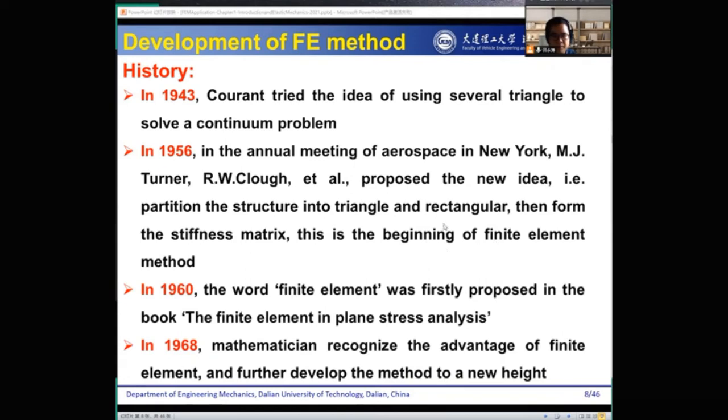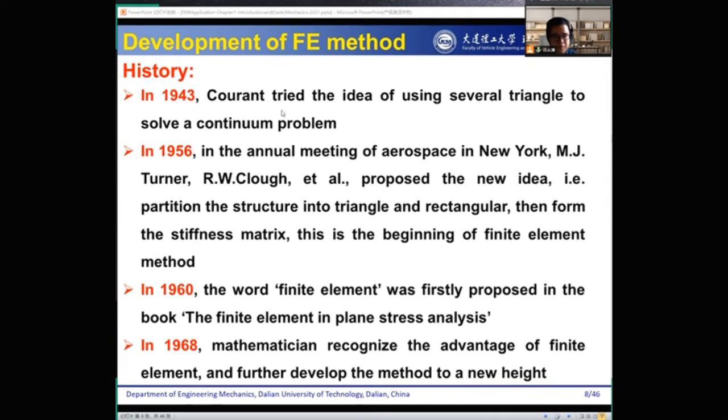Second, let's talk about the development of the finite element method, or the history of this method. In 1943, some researchers tried to use several triangles to solve continuum problems.